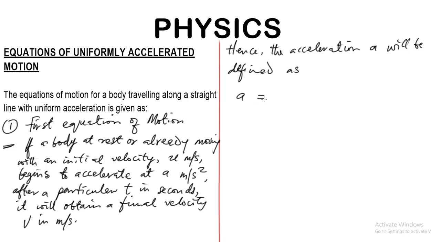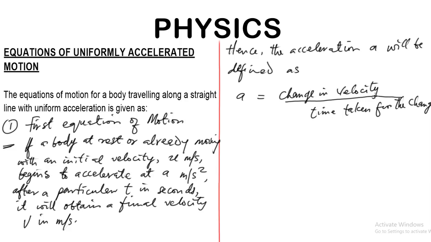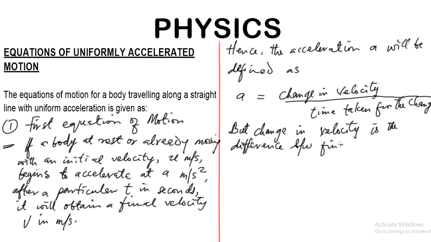a is equal to change in velocity all over time taken to make the change. But we can also always remember that change in velocity is the difference between the final velocity and initial velocity.